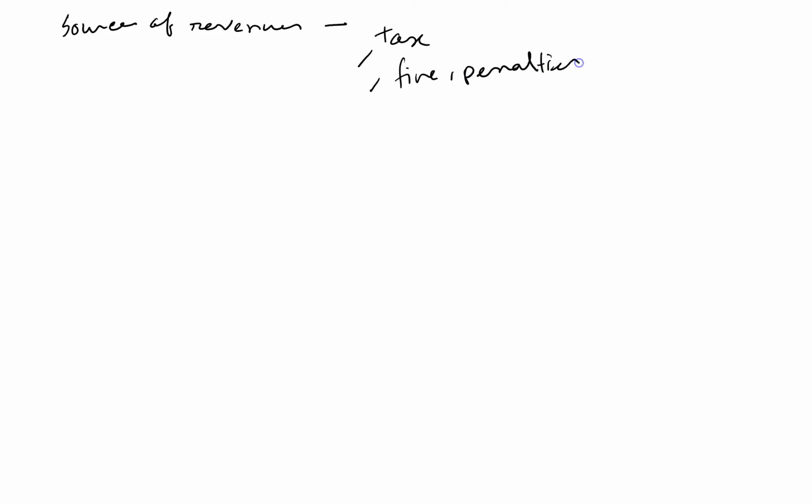So what are the sources of their revenues? Basically any government entity can collect their revenues through different taxes, right? One of the major sources, the most major source, is tax, and that includes income tax, sales tax, property tax, or they can also collect their revenues from fines and penalties. So it is another source of revenues.